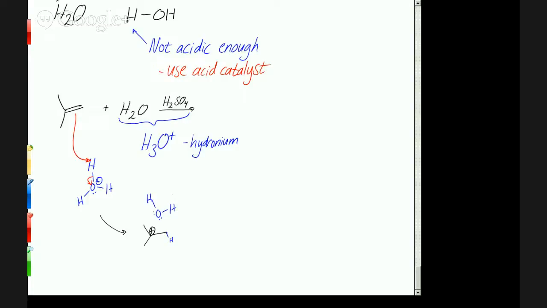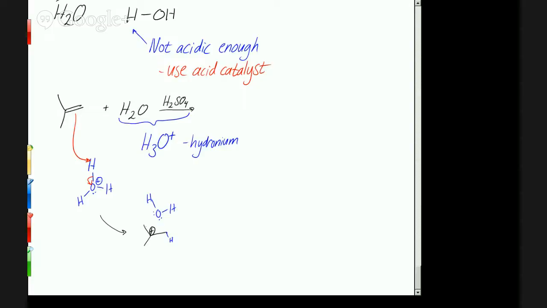And now because we're in water, we have a neutral nucleophile. It's unlikely that you can have anything with a negative charge in acid because the acid would just connect with it and then it wouldn't be negative anymore. So in an acidic environment, the most nucleophilic thing here are those electrons on the oxygen. We know that water has a dipole.